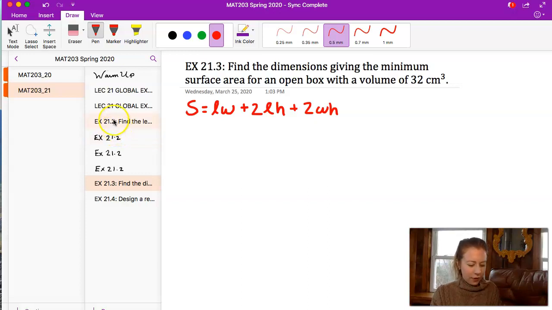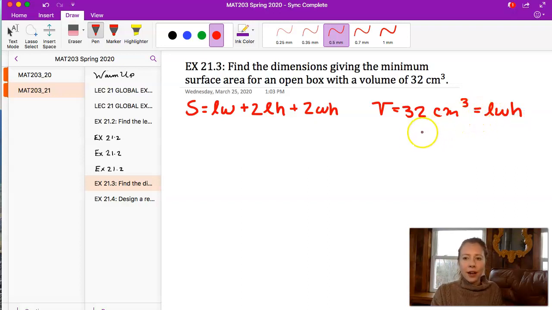Okay, and so what we need to do is, what else do we know? We know that it has a volume of 32 cubic centimeters. And how do we find volume? Well, volume, whether it's an open box or a closed box, is going to be the same formula, length times width times height.